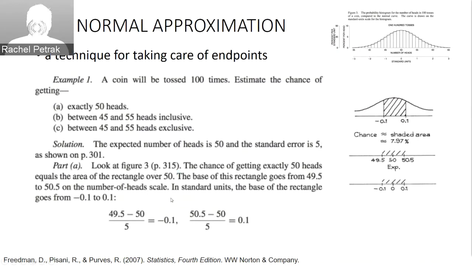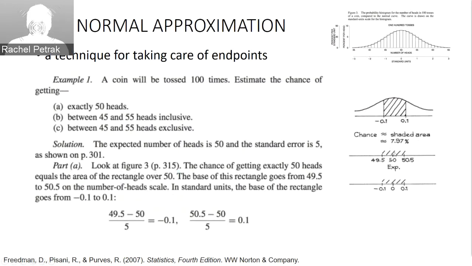But now we're looking at our histogram. And so if we want to use our histogram to find the chance of getting exactly 50 heads, remember that's different than just getting our expected number and the standard error. We want to get a chance, a probability, and that can be a very powerful thing. And that equals the area of the rectangle over 50.